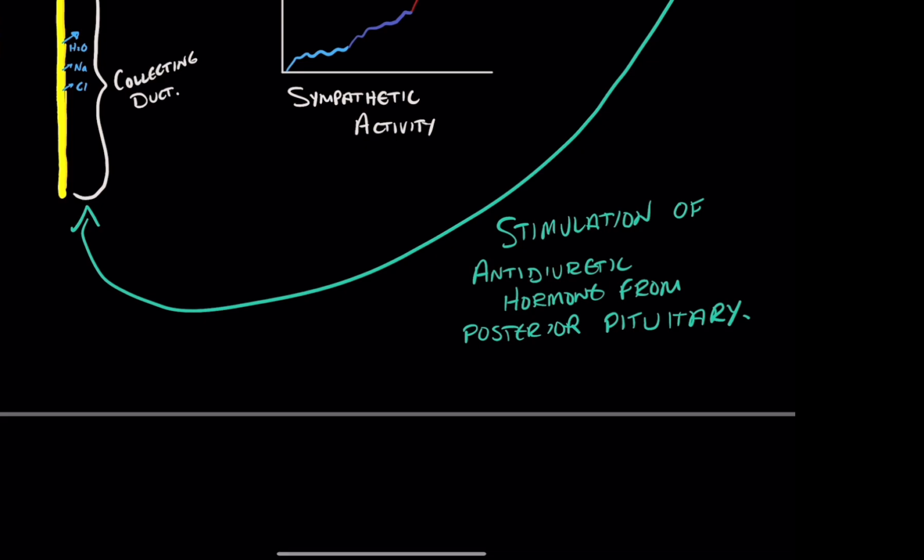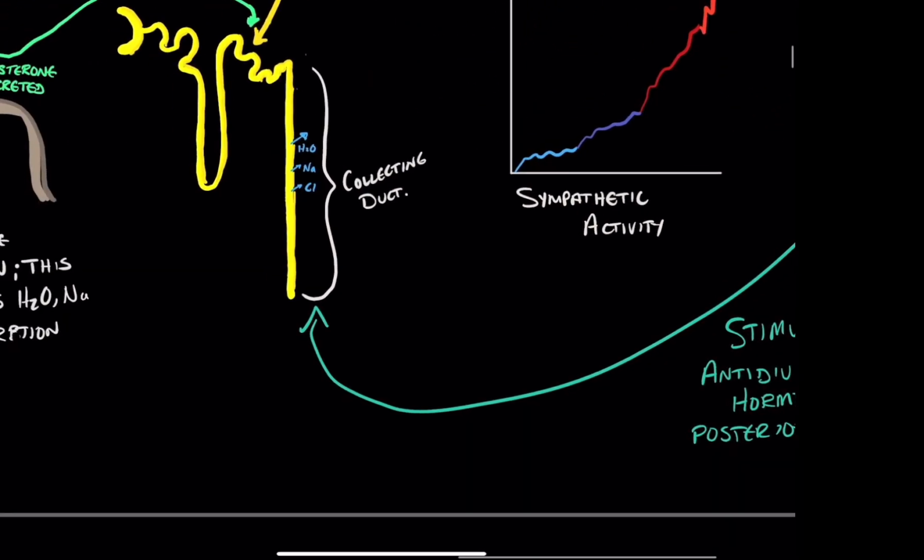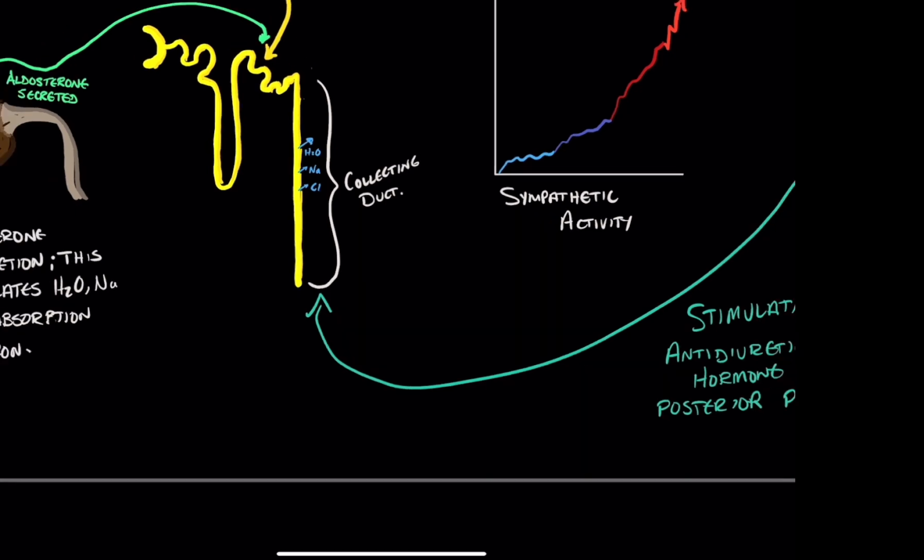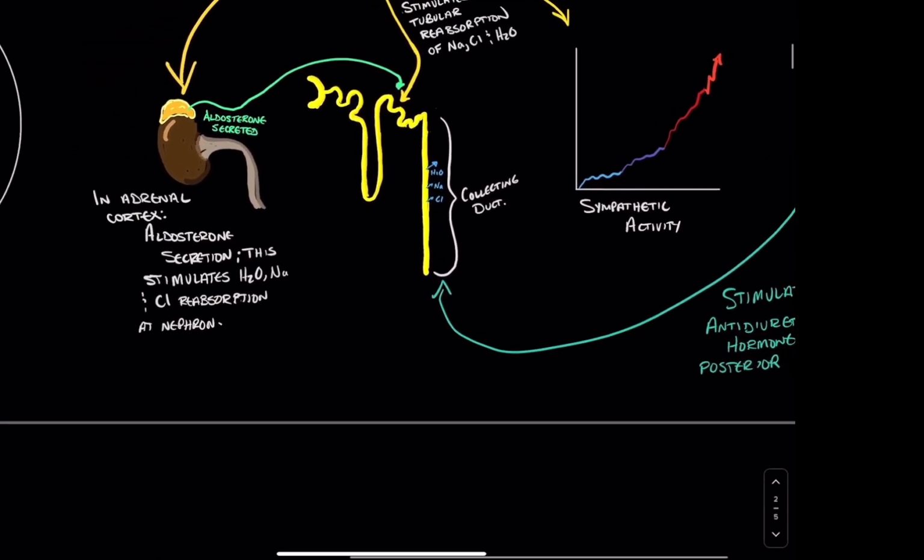This hormone makes itself all the way back to the collecting duct, which is that last portion of the nephron, the last chance that we have to reabsorb any kind of water or salt. It'll make that last-ditch effort. It's going to pull more water, more sodium and more chloride ions from that collecting duct in an attempt to keep our blood volume increased.